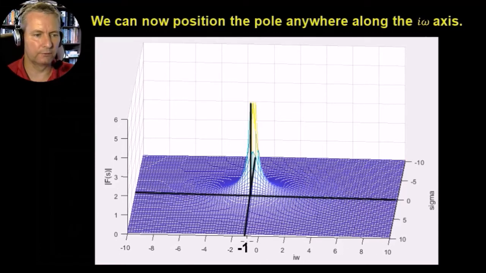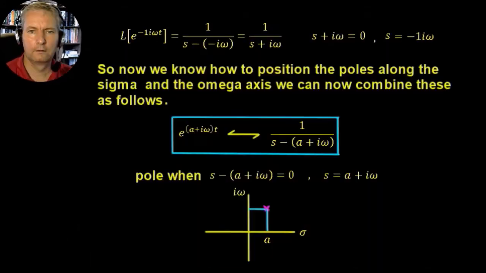Okay, so I've just moved it around so it's facing this direction. So that's I omega, and that's the sigma axis. You can see here in this example that the sigma still remains at the value of 0, but the I omega is now positioned at minus 1 in this particular example. So the example we just saw there was the Laplace transform of e to the minus I omega t, which is equivalent to minus 1 times I omega t.